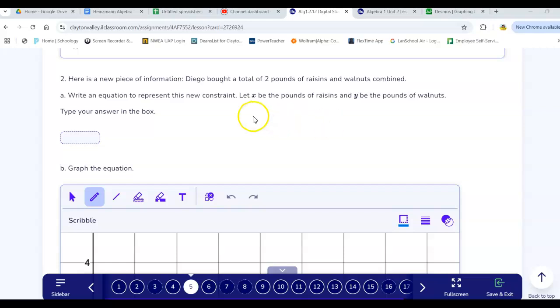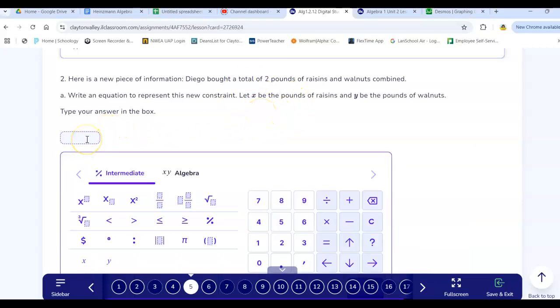Okay? So if X is raisins and Y is walnuts, because you got to keep it the same, and we are not talking about money, we're just talking about weight, okay? Then this is going to be my equation for this. X plus Y equals 2. Okay?